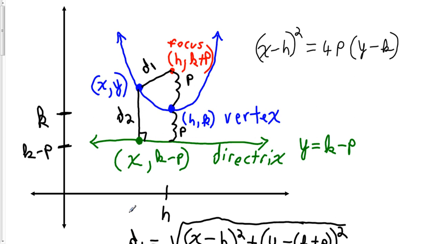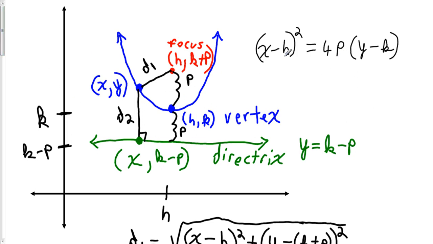So in the next video, I'll give you an example of graphing one of these using this equation. But this is the theory behind graphing it. You're going to identify the vertex as hk. You're going to identify the focus and the directrix based on this number p. And it's all based on this graph right here.